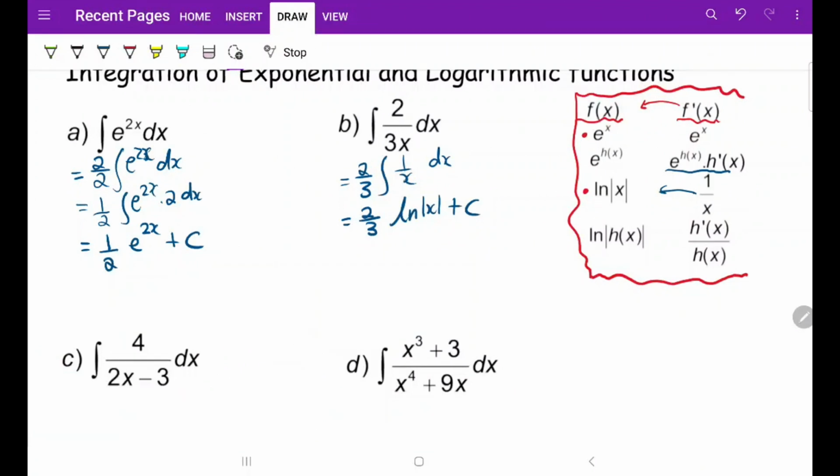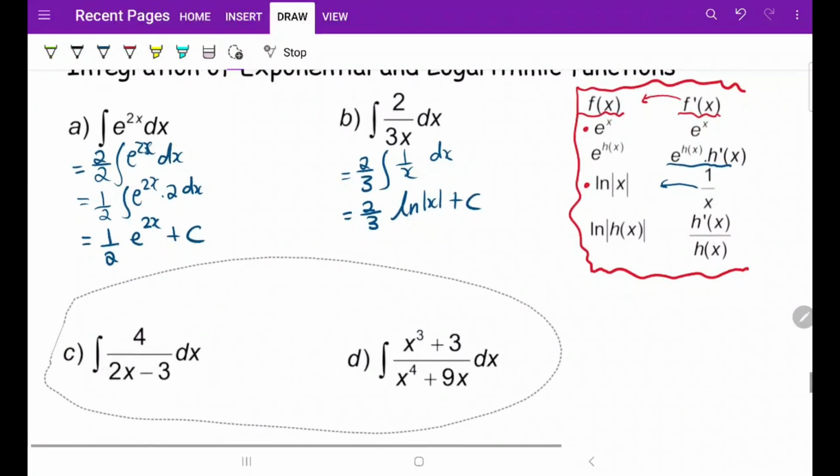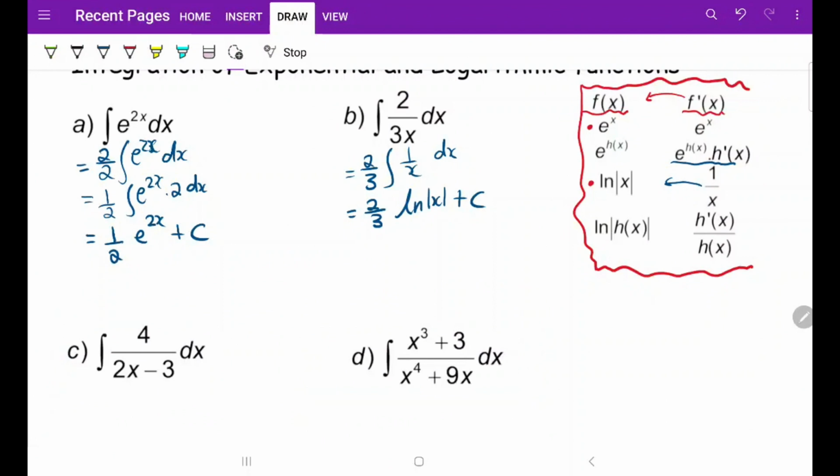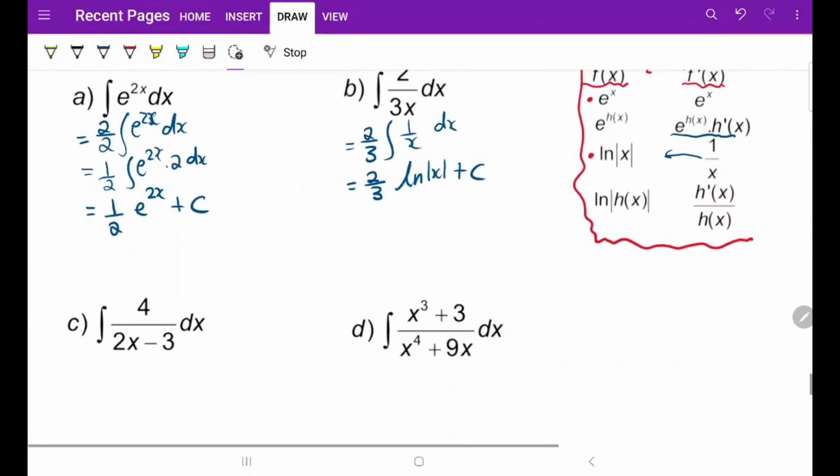Now let us see if we can do these next questions. Now let's do this one. In here, we've got a function here. You can let this be u, as you can clearly see. Now if you wanted to get the derivative of u, the derivative of u will just be 2. So we can see that 2 is a factor of 4.